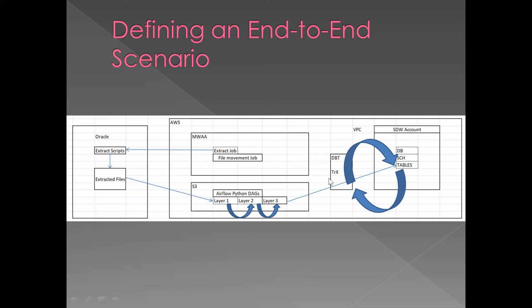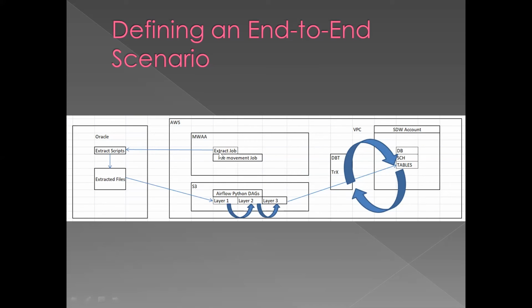Okay. And then they are using dbt to transform the data once it is in the Snowflake data warehouse. And this is our Snowflake data warehouse account where we have a database, a schema, and then a table, right? And all these things sit inside a virtual private cloud. Okay, so there is a VPC connection between AWS and the Snowflake data warehouse, right?